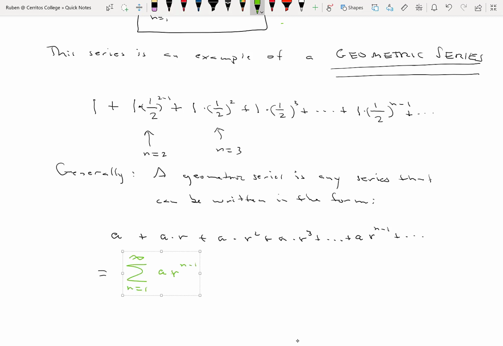There it is. So that you identify real early on what that general form looks like. So a geometric series is any series of the form the sum of ar to the n minus 1, n ranges from 1 to infinity.